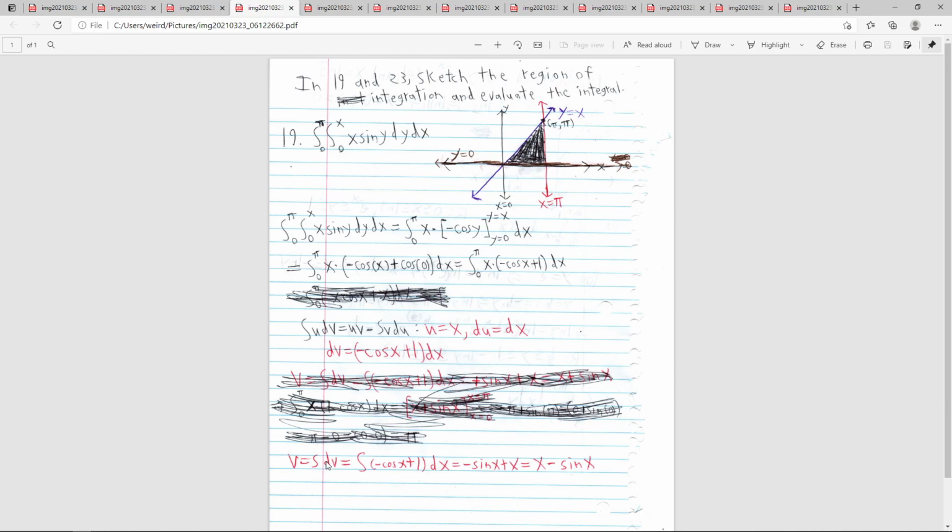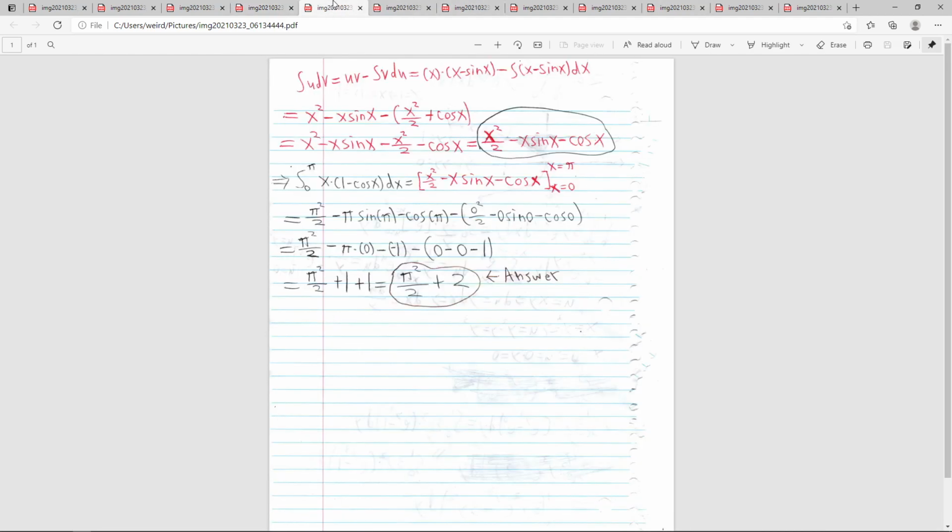And v equals the integral of dv, which becomes negative sine x plus x, so x minus sine x. You plug it in: x times x minus sine x, minus the integral of x minus sine x dx.